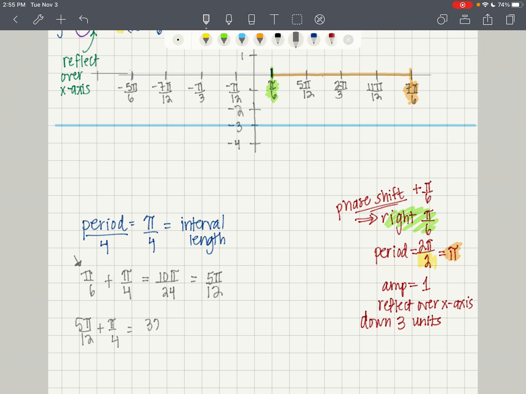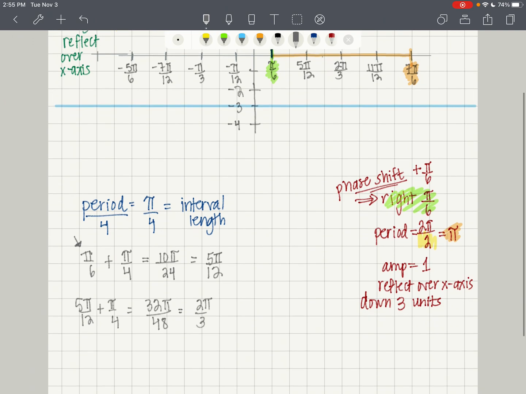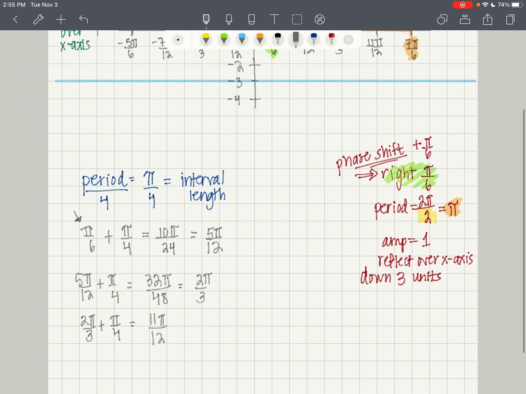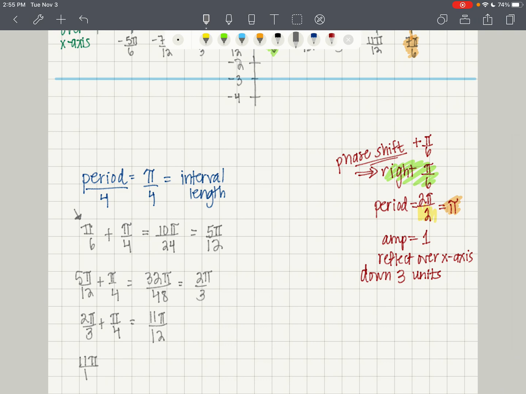That gives you 32 pi over 48, which reduces to 2 pi over 3, which is exactly what we have listed. Then 2 pi over 3 plus pi over 4 is 11 pi over 12, which is again what we have listed. And when you take 11 pi over 12 plus pi over 4, we get 44 plus 12, which is 56 pi over 48, which is 7 pi over 6.